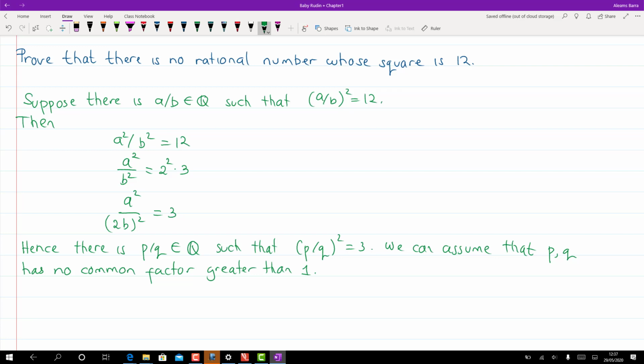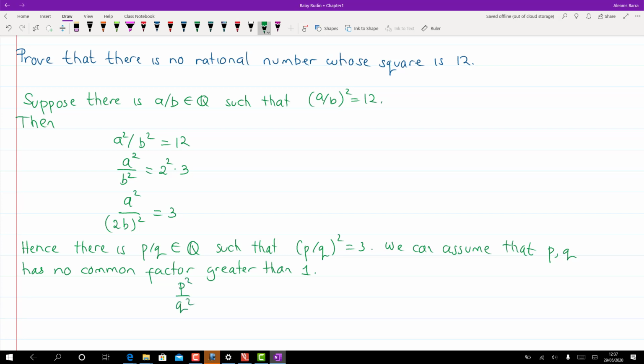If there is such a rational number whose square is equal to 3, then we can write p over q in its lowest form, which means that p and q have no common factor greater than 1. So there is this number p over q such that p squared over q squared is equal to 3.